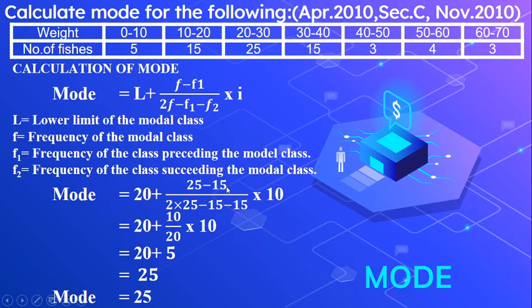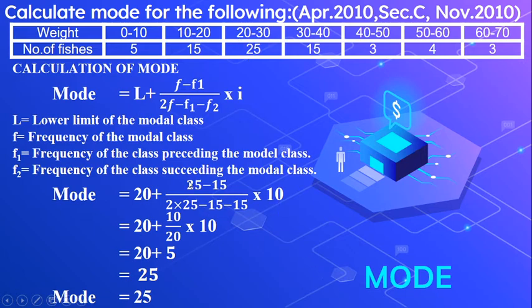F1 is 15, by 2F, 2 into that highest frequency 25, minus F1, the previous frequency which is 15, minus F2. F2 is the frequency after it, that is, after the maximum frequency, whatever frequency is on the other side, that is F2, which is 15. I is always the class size. So the size of this class interval is 10.